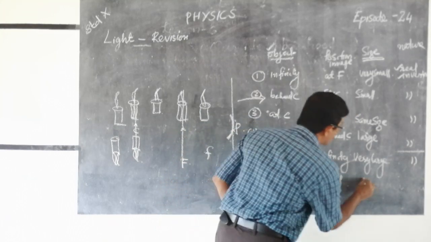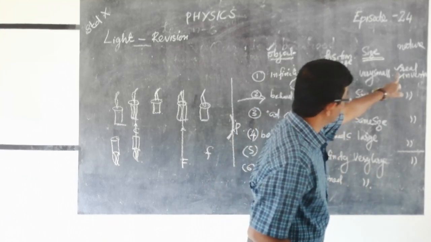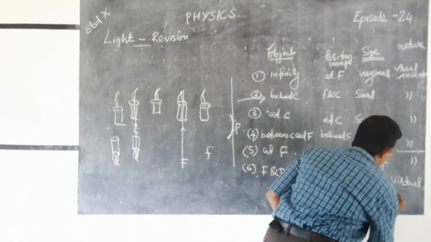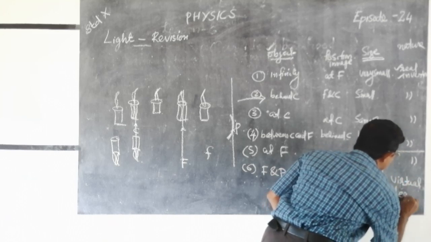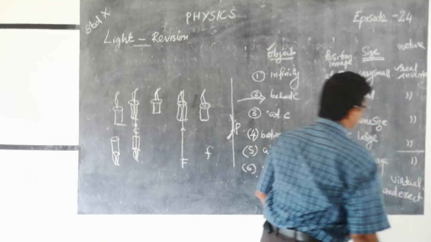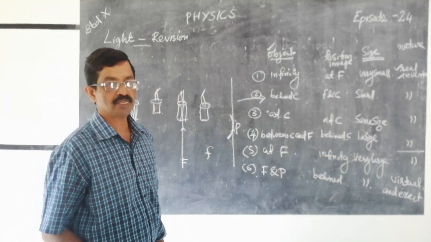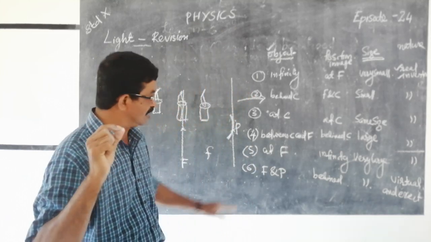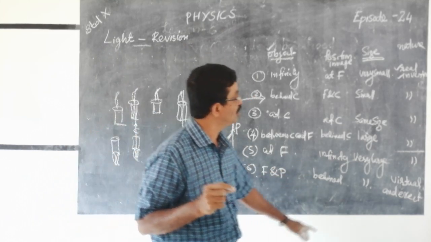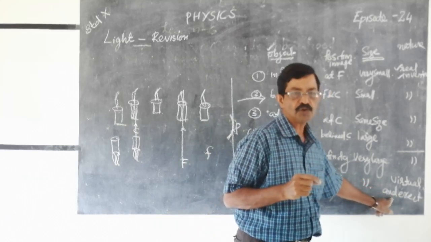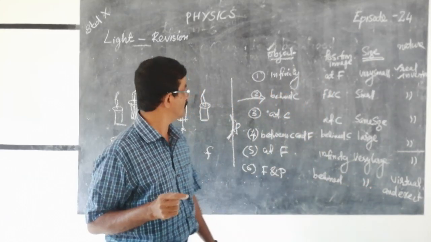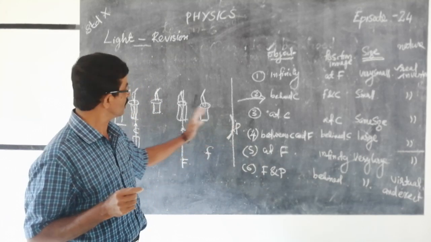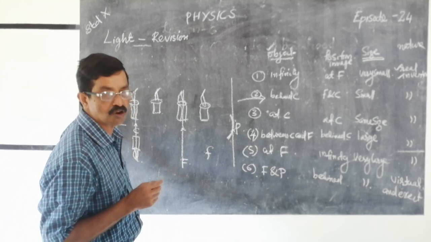Here the image is very large, but the image in this case is virtual and erect. So the image in this case we got virtual and erect when we place the object in between focus and pole. In all other cases we got a real image only.